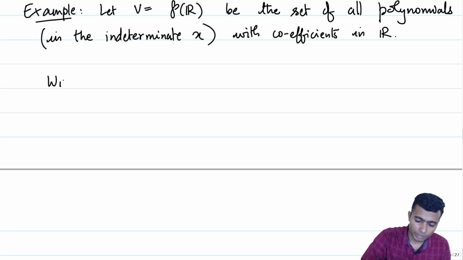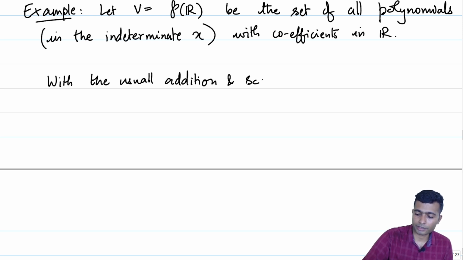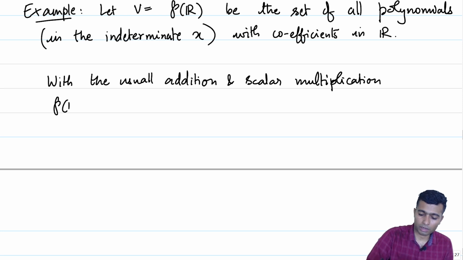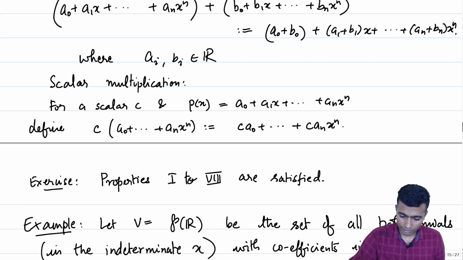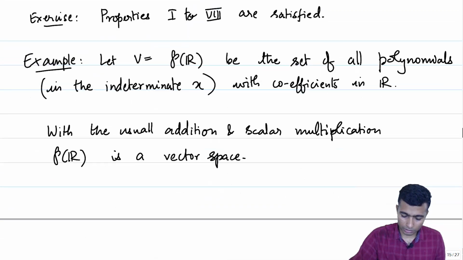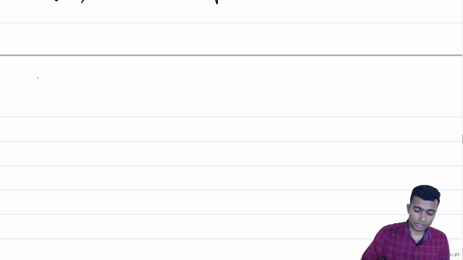And with the usual addition and scalar multiplication, P of R is a vector space. So, let me give numbers here. This was example 6. Okay, example 7.